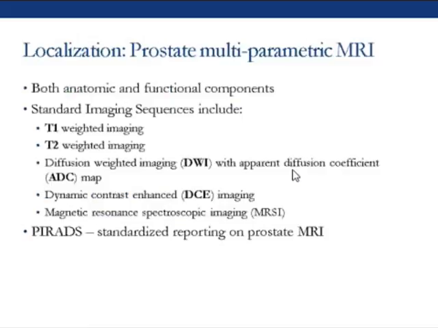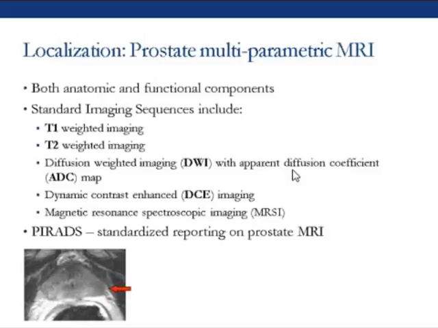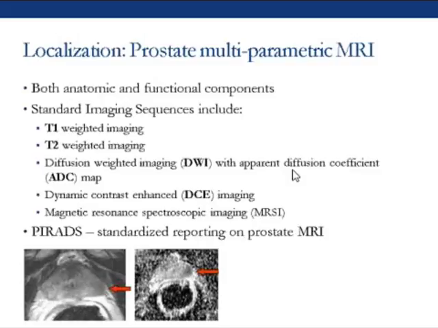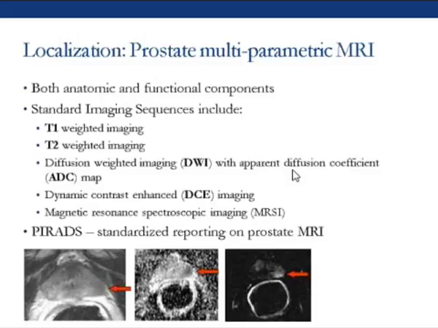MRI is great. It looks at both anatomic and functional aspects of the prostate. The standard multi-parametric MRI will include T1 weighted imaging to look for hemorrhage. It'll look at T2 imaging to look for the location of the tumor, and it allows you to assess for extracapsular extension. Then you look at restricted diffusion in the ADC map, and you can also use dynamic contrast imaging. Historically, spectroscopy was also used, though it's not used as much now.